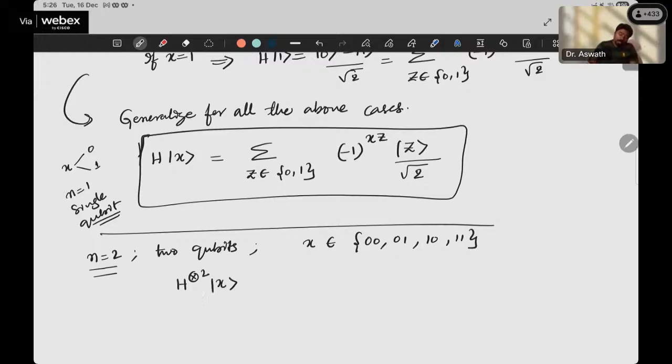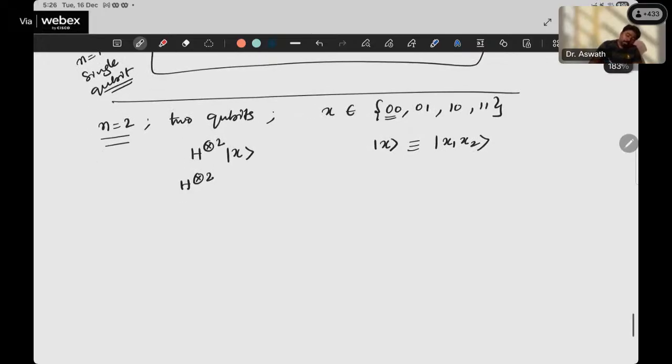Remember, now x is not a single entry argument, it is going to have 2 arguments. So my x ket is equivalent to some x1 and x2, where x1 can be 0 and 1, and x2 can be 0 and 1. So when I say 2 Hadamards acting on x, it is 1 Hadamard acting on x1 and another Hadamard acting on x2.